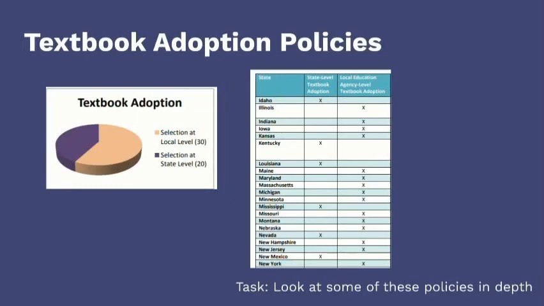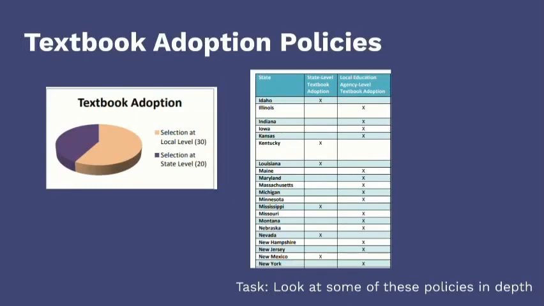So, for example, at the state level, we do have Texas, but we also have Nevada and Mississippi and Louisiana and Kentucky and Idaho. At the local level, we have states like New York and New Jersey, where the local districts get to determine what textbooks to adopt.